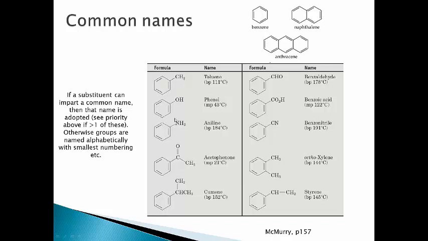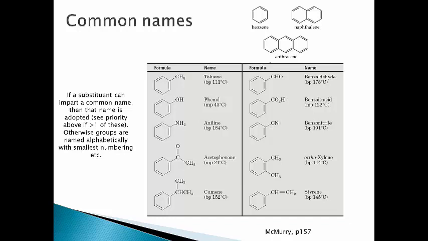There's phenol, benzene ring with an OH. There's aniline, a benzene ring with an NH2. We've got acetophenone, which is a benzene ring with a methyl ketone. We've got benzaldehyde, which is a benzene ring with an aldehyde. We've got benzoic acid, and we've got benzonitrile.